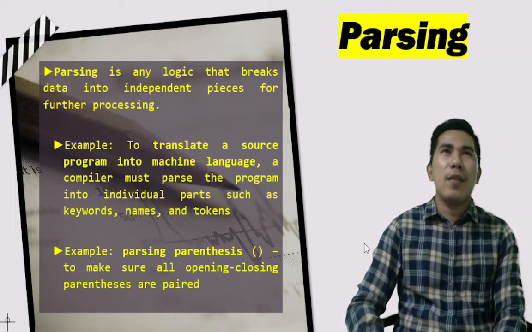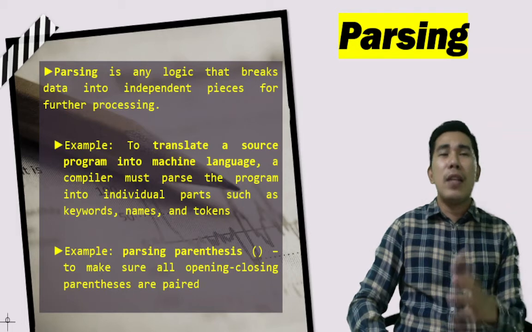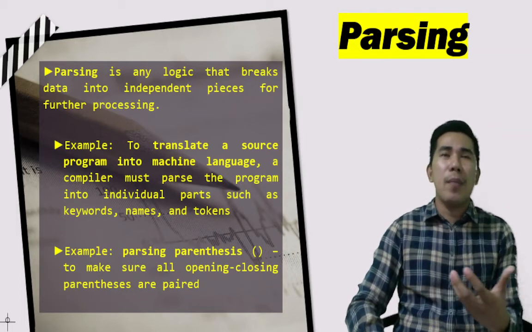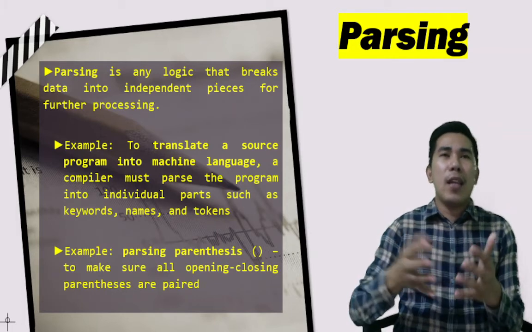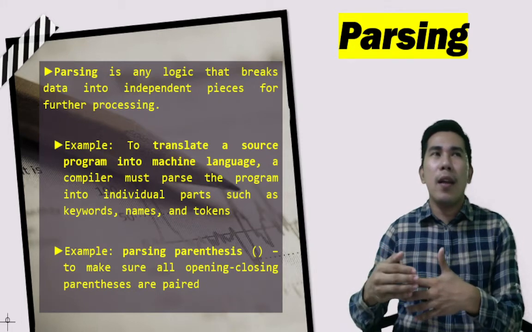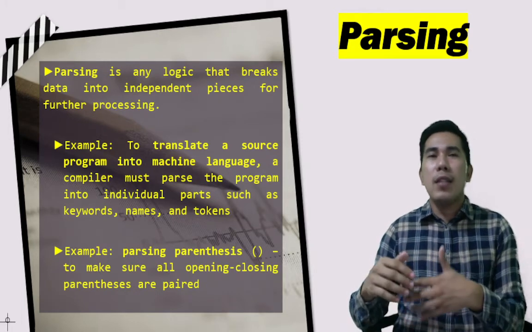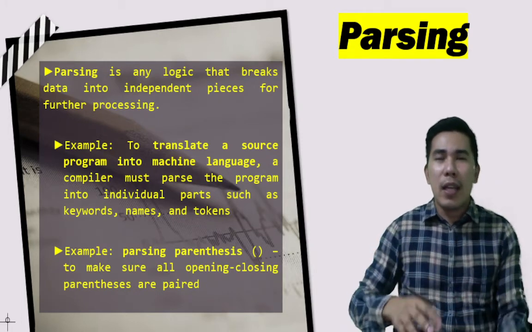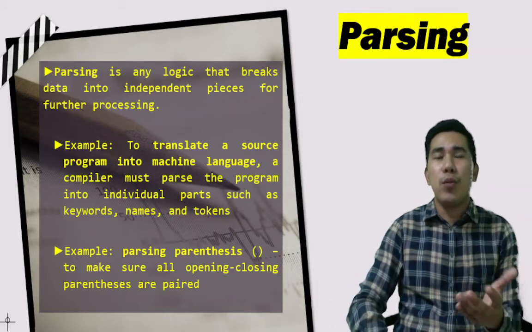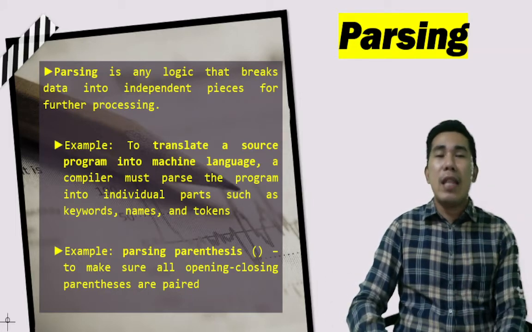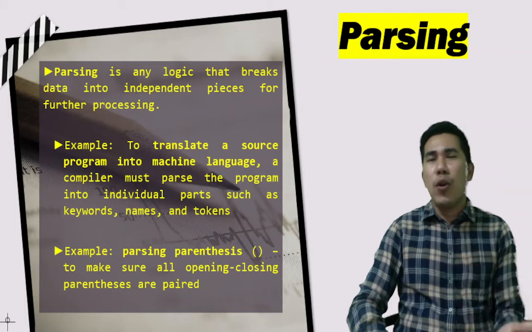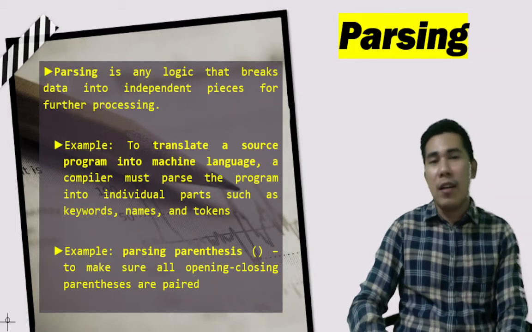So that is the reason why you'll need to convert them, especially if you want that data to be used in your program. If you are going to use that in a calculation, you'll have to parse them into either integer, short, double, or float.